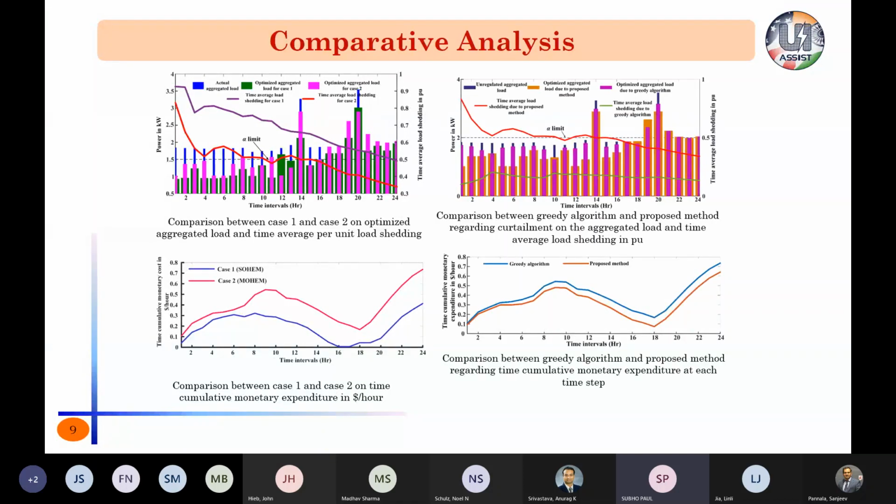But if we compare our real-time technique with the standard greedy algorithm, where we don't consider the long-term benefits of any decision, then we can see that our proposed methodology gives lesser cumulative monetary energy cost compared to the greedy algorithm.